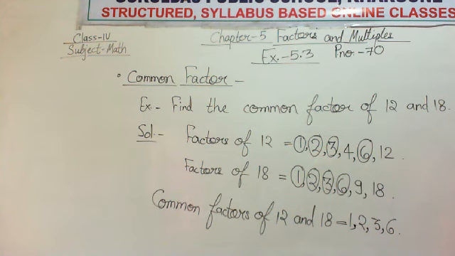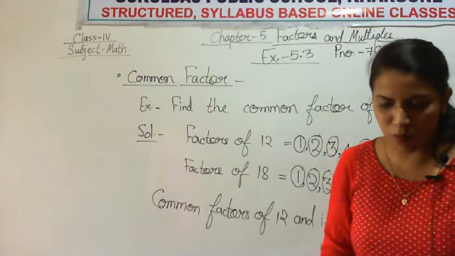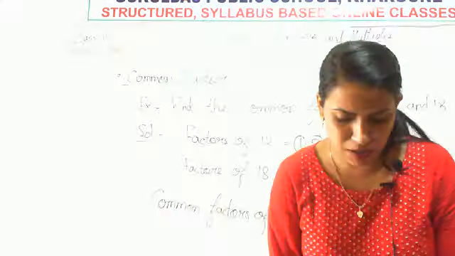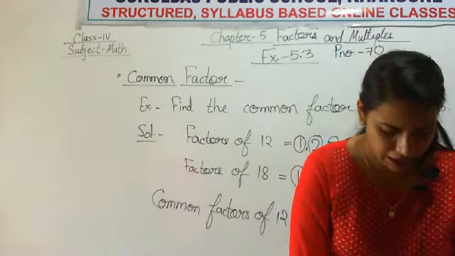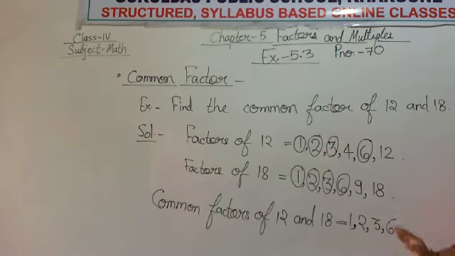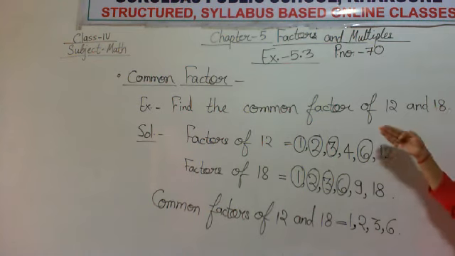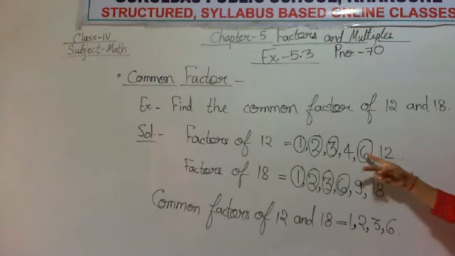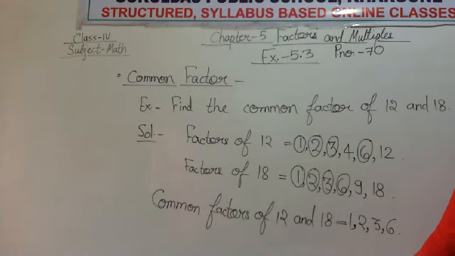Okay, common factor means same number which both the numbers have. So I hope you understand what is common. What you will do in first step, you will write the factors for all the given numbers. Then you will find out which are common and circle them. And finally you can write the common factors.